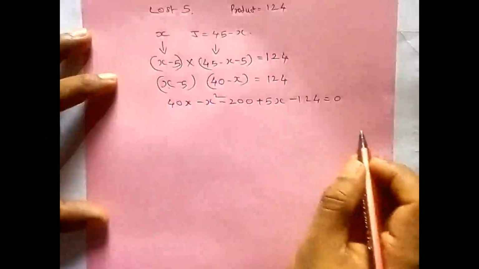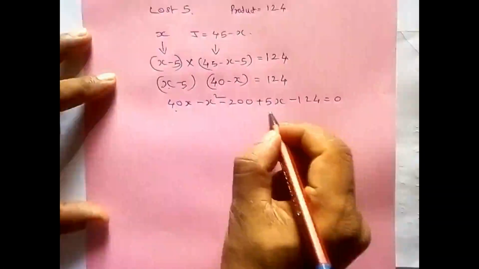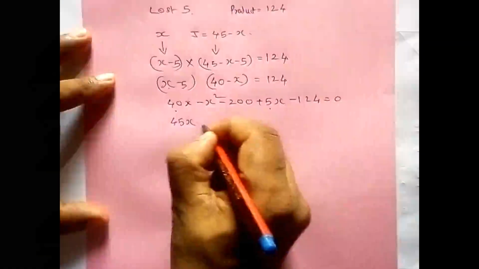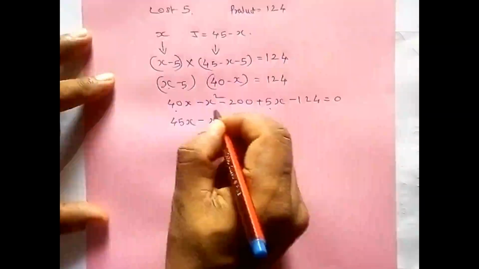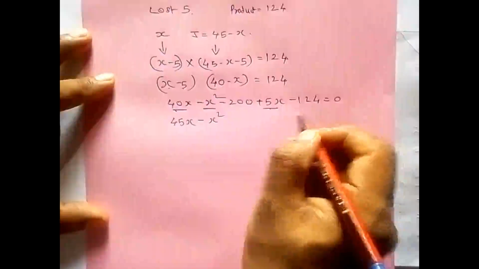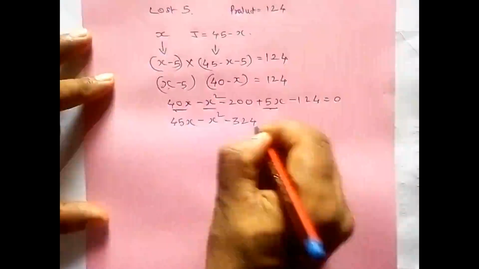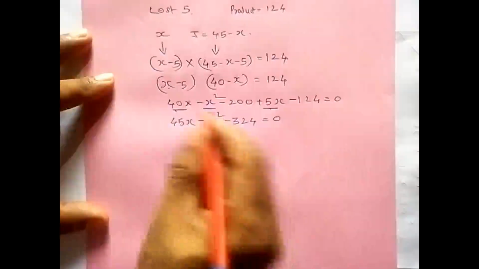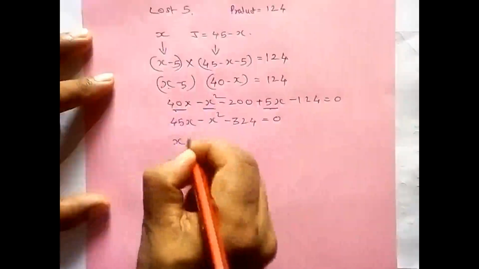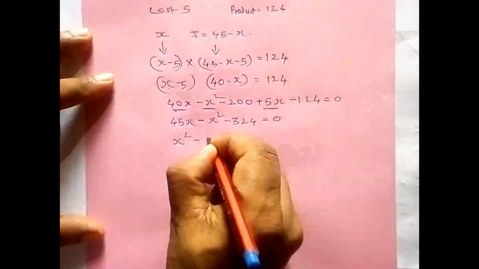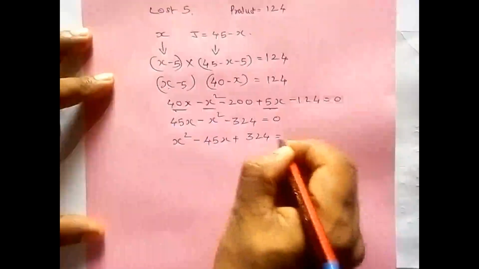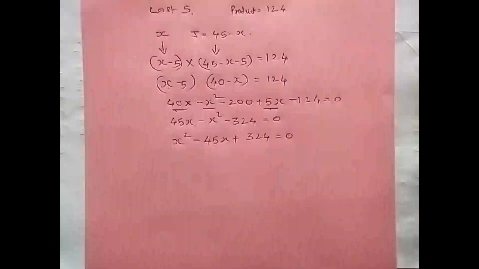We can write this as 45x minus x square minus 200 minus 124, that is minus 324, equal to 0. Or rather, we can write x square first by multiplying with minus 1, so the equation becomes x square minus 45x plus 324 equal to 0.